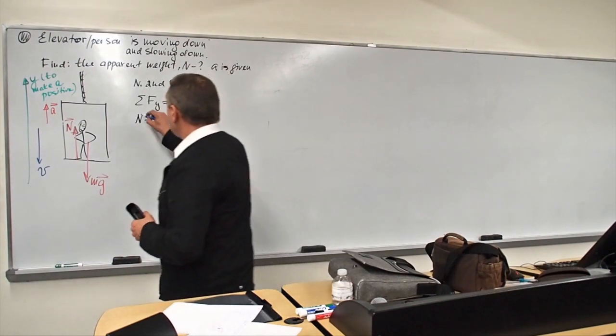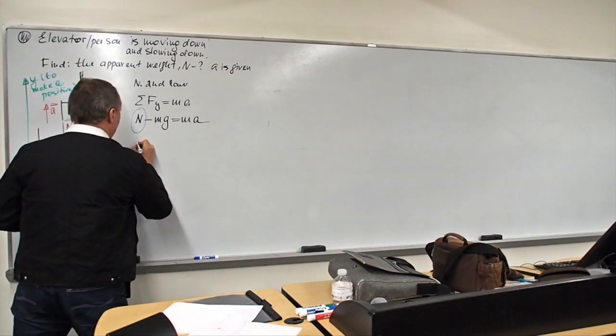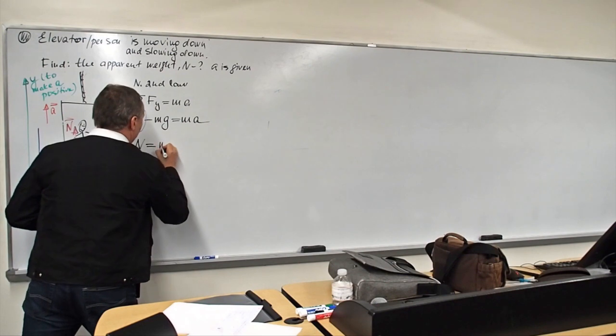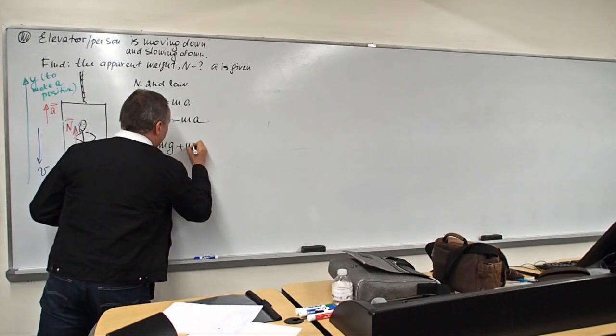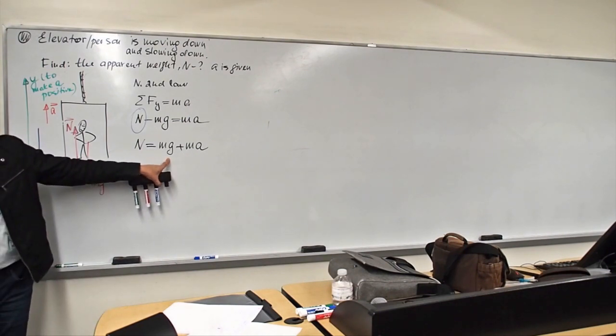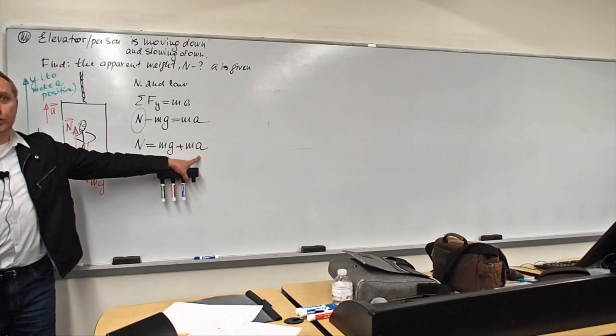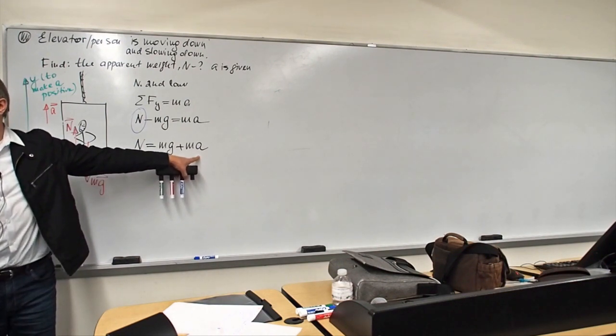And again, this is his feeling. This is apparent weight. So now let's just solve it for that. N will be equal to mg plus ma. This is his weight by definition. You cannot change that, unless he loses weight. Plus some additional contribution because the elevator accelerates.